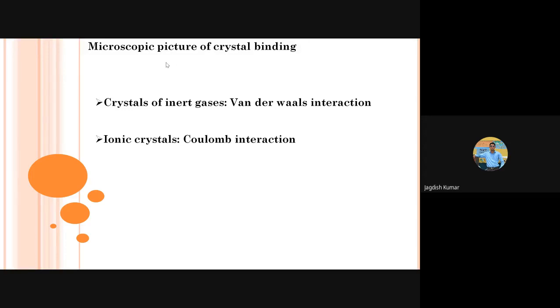By losing that electron, it can gain the noble gas configuration, so it has a tendency to lose it, forming a sodium plus ion. Chlorine has a tendency to gain one electron, so it gains the electron left by sodium. Then we have sodium plus and chlorine minus ions, and these ions interact with each other via Coulomb interaction, forming the ionic bonds.